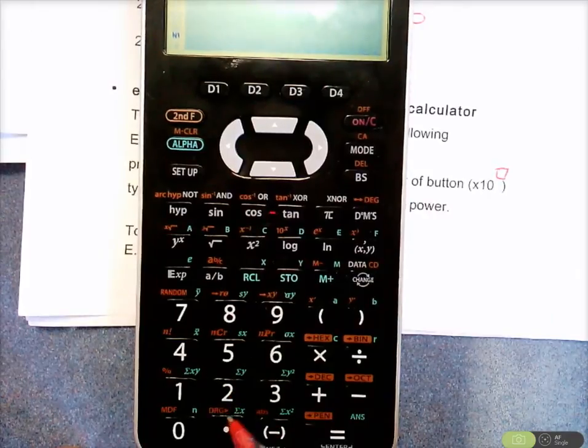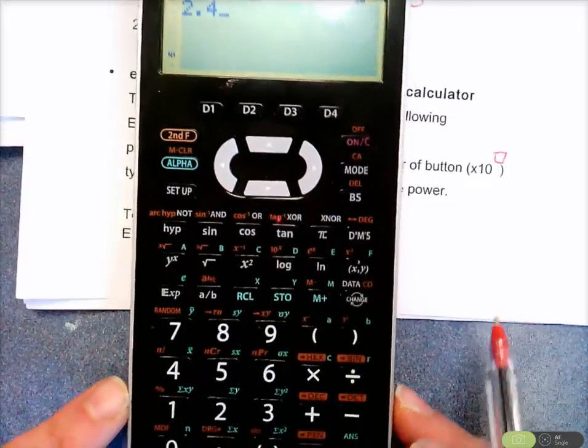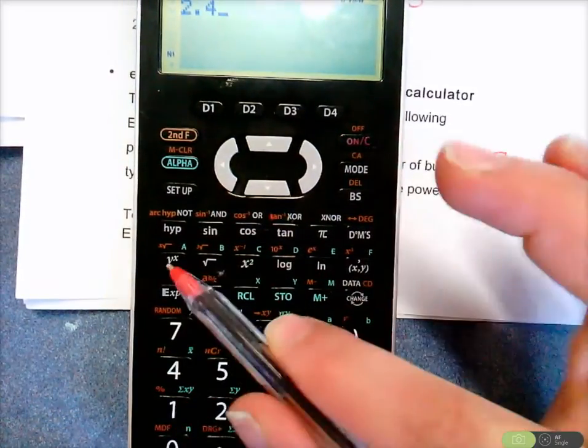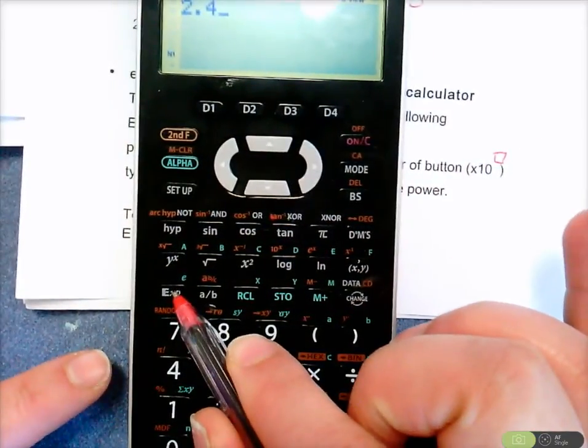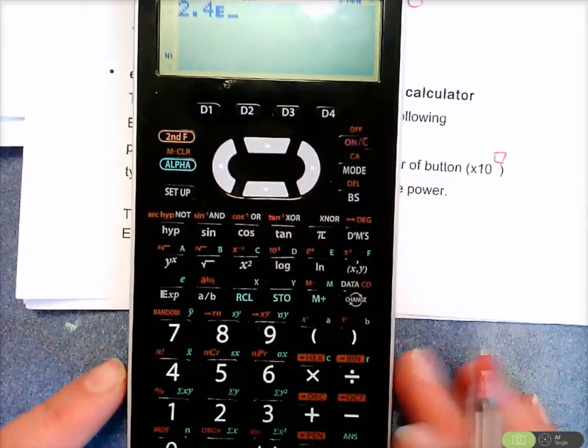So I go 2.4. Does that work? Yes. EXP. You don't go times 10 y to the x negative 5. You just press the EXP button, this one, and you'll see a little E on your screen.